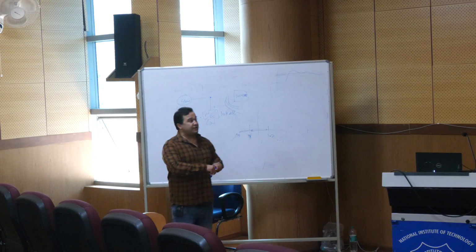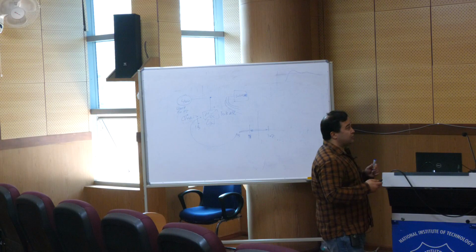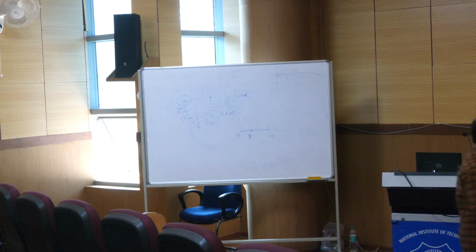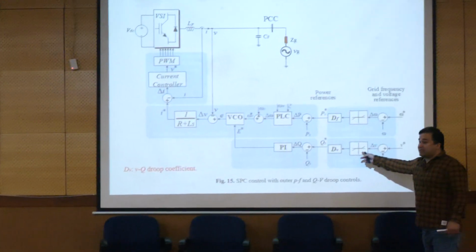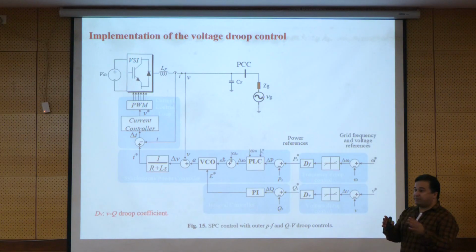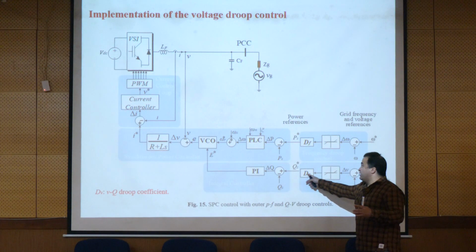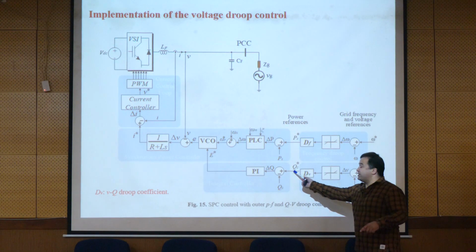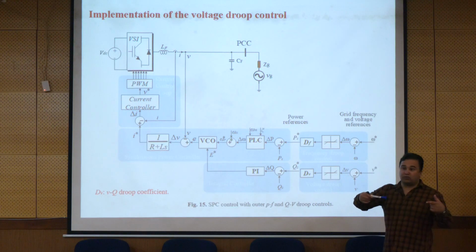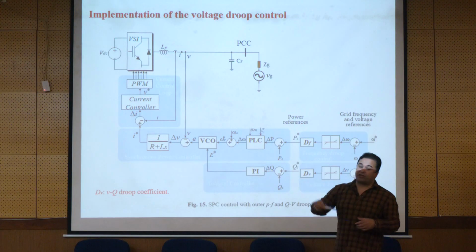So we have a droop controller here. It measures the voltage and compares it with the voltage reference we have. After that, it passes through the deadband, and if it exceeds the value within the deadband, then this droop provides the required update of the value of Q to compensate the voltage that we need for the stability of the grid.